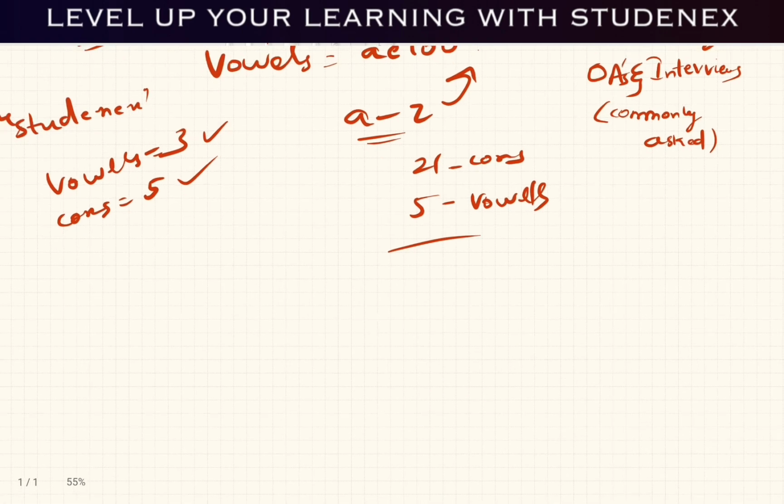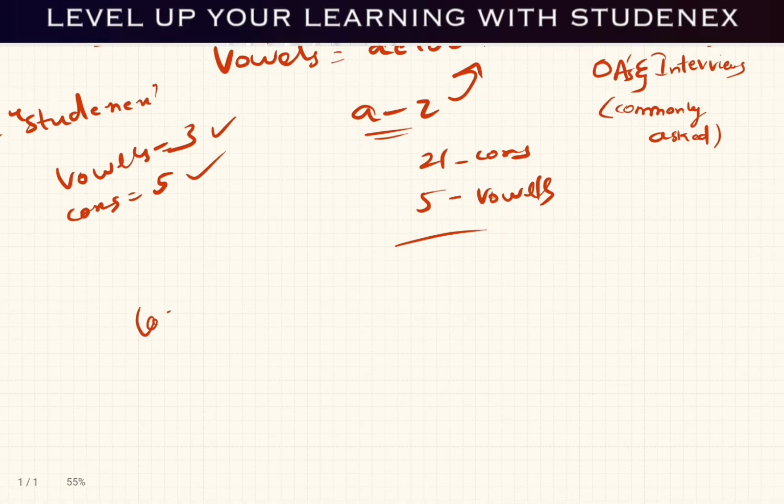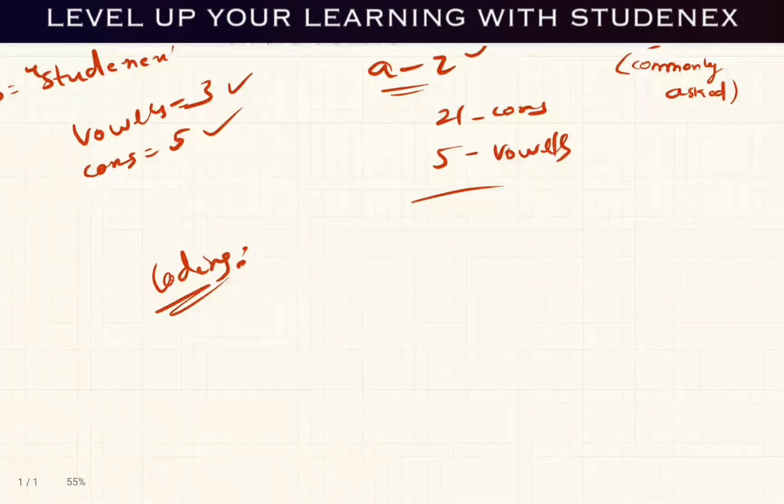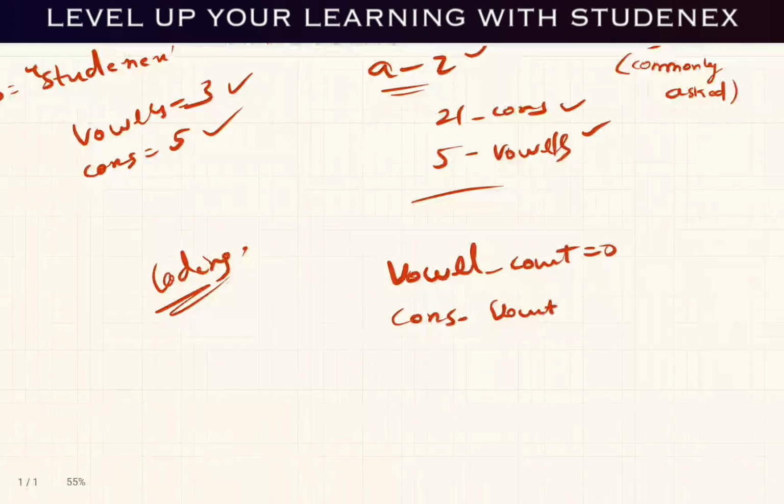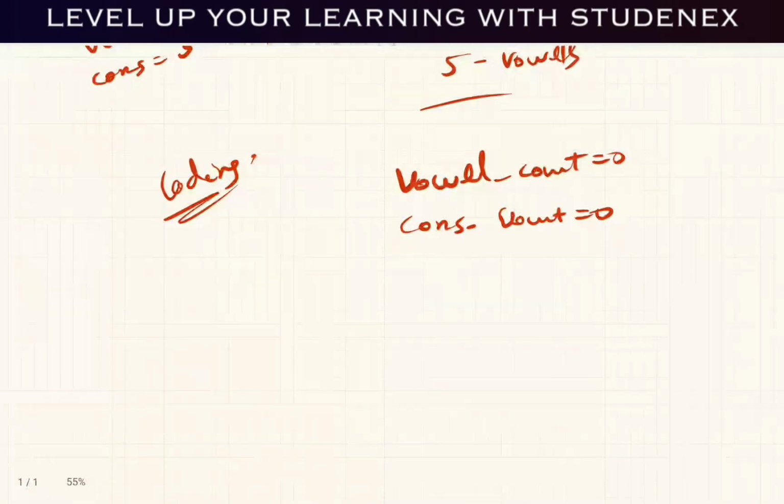So as for the coding part, we need two counts, for the consonants and vowels. So I would say vowel count equals 0, consonant count equals 0 at the beginning.